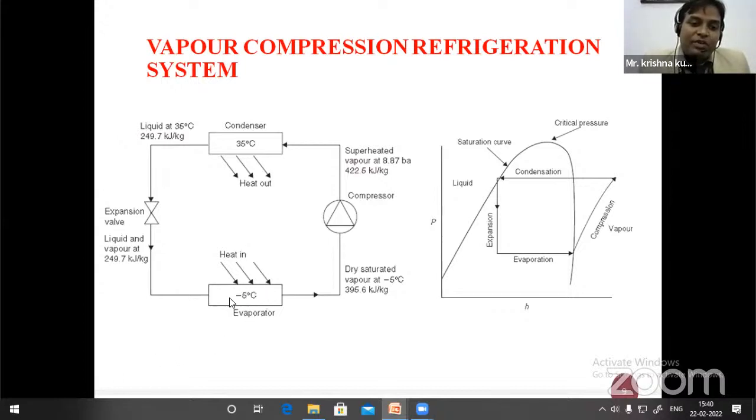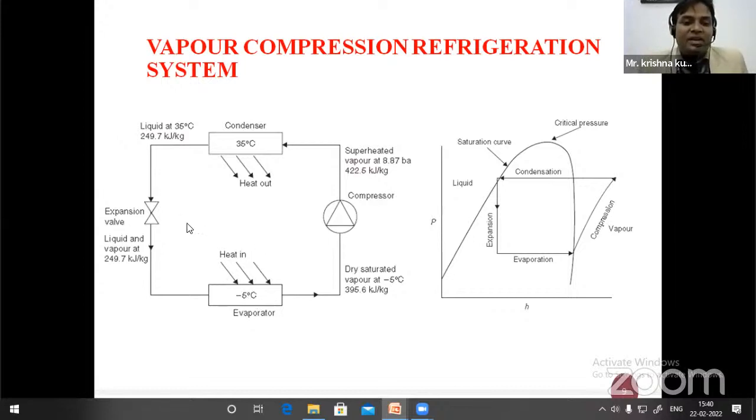When it comes in contact with the water or vegetables in our fridge, it absorbs heat from the surroundings, because heat flows from higher temperature to lower temperature. So if you have a high temperature substance, its heat goes to the lower temperature.